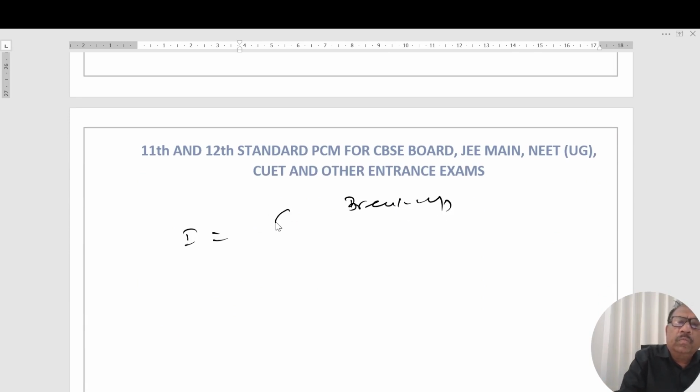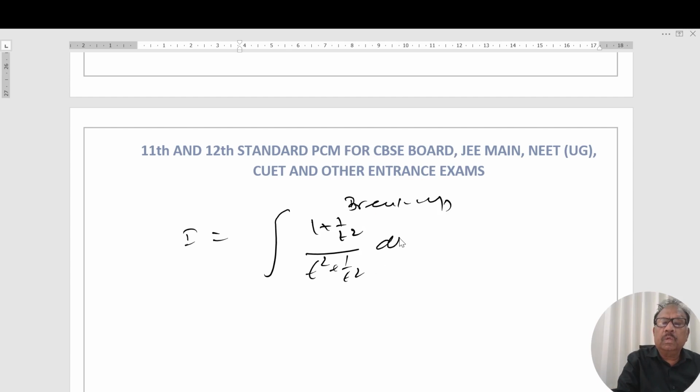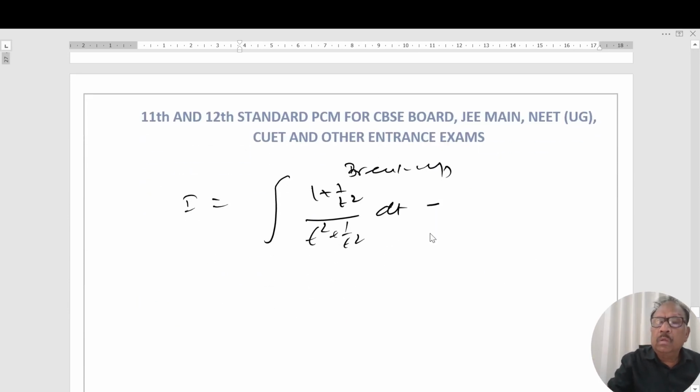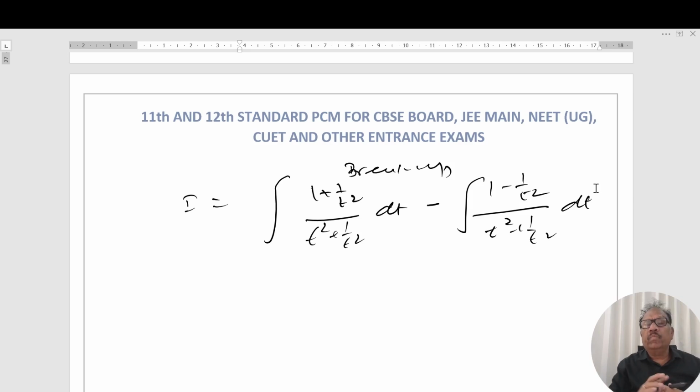Integration equal to the integral of 1 plus 1 over t square over t square plus 1 over t square dt, minus is there, plus is there, 1 minus 1 over t square over t square plus 1 over t square dt.